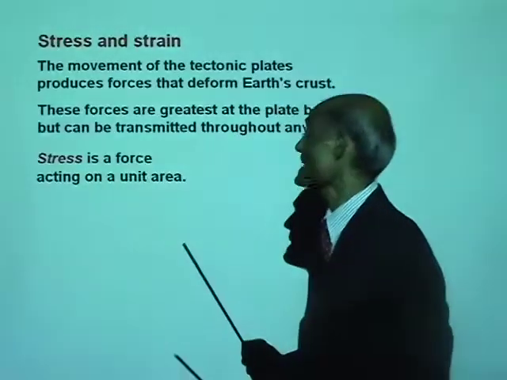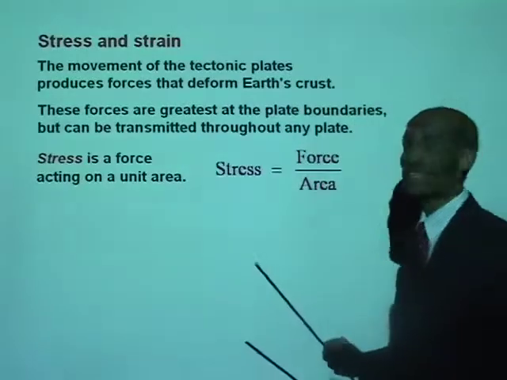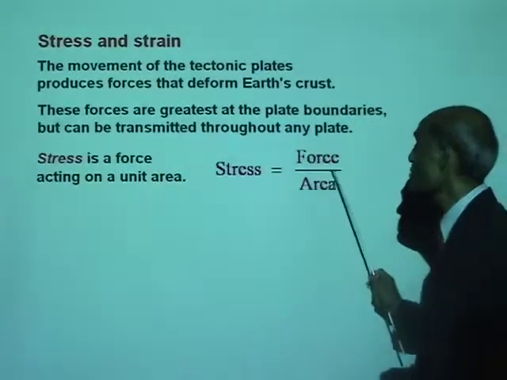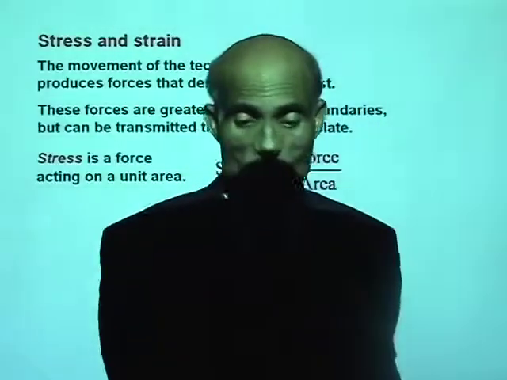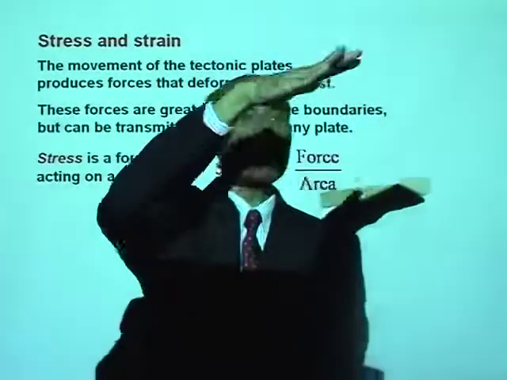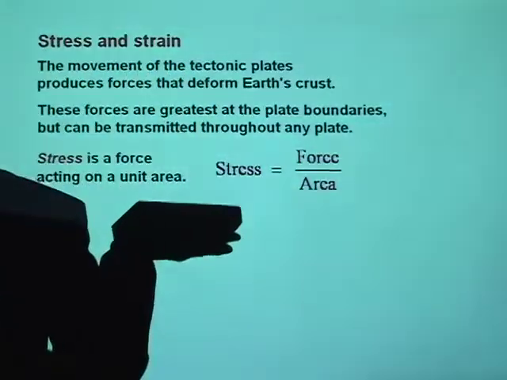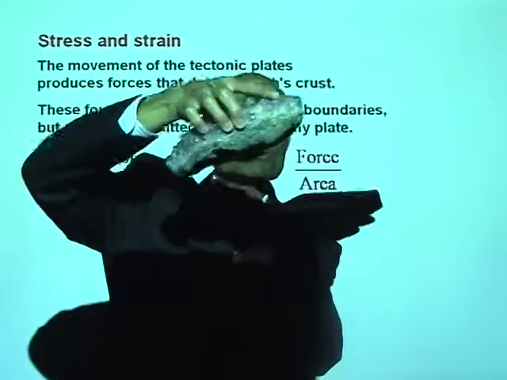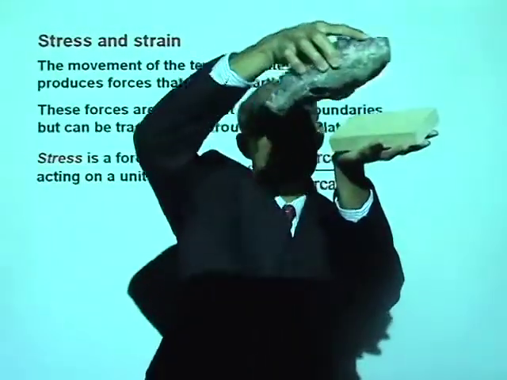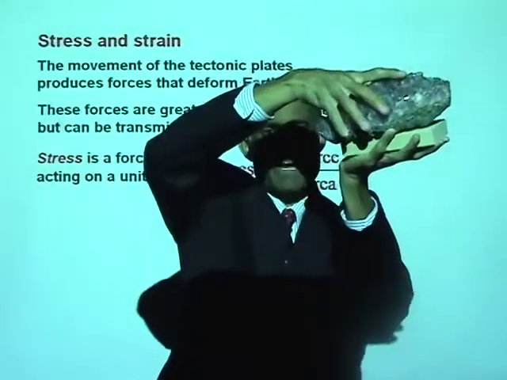Now, what is stress? Stress is a force acting on a unit area, and we define stress like this: stress equals force divided by area. If there is a certain amount of force acting on this surface, I can actually apply a force on it by placing the rock. Look at this. I'm going to place this rock on this surface. So there's a great force on that surface.